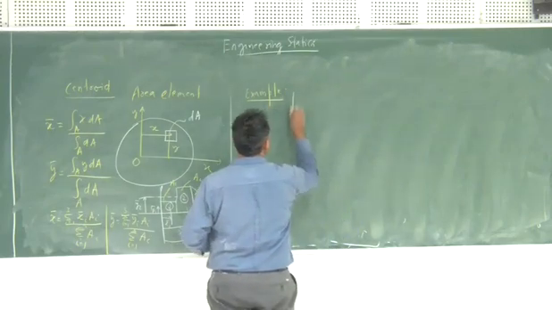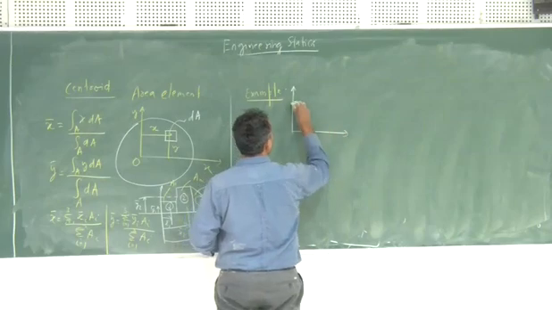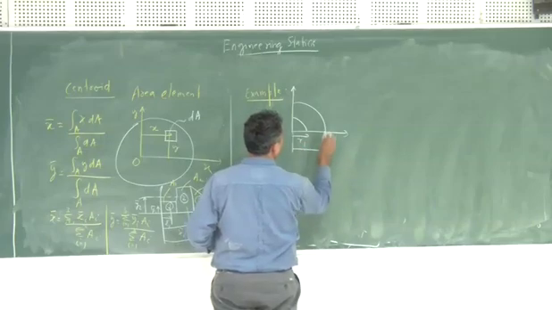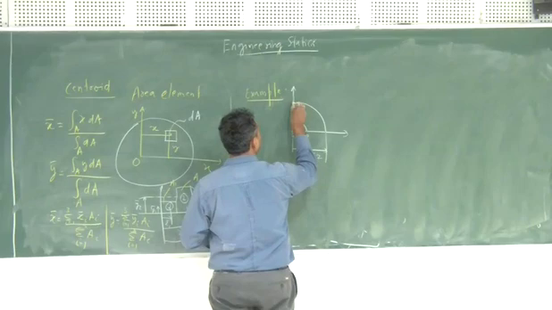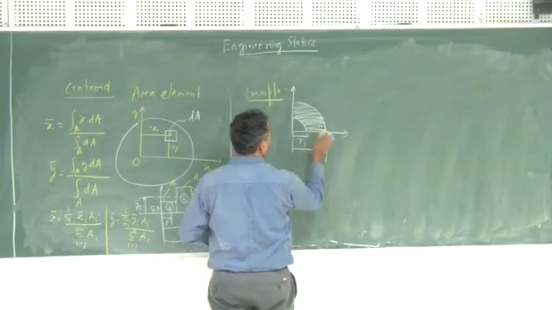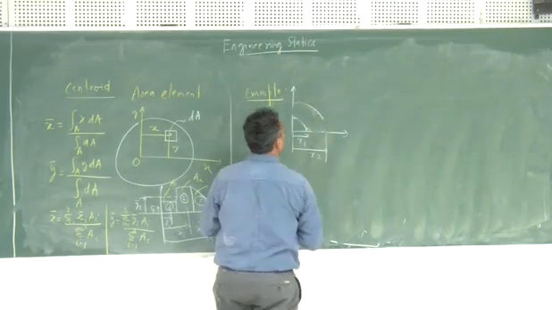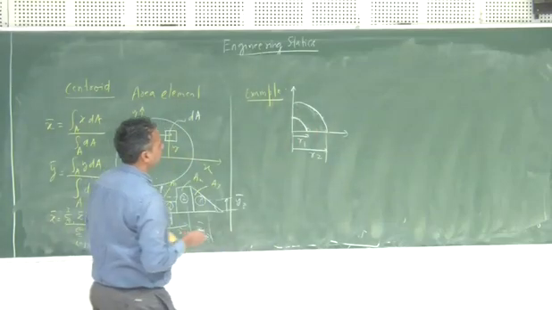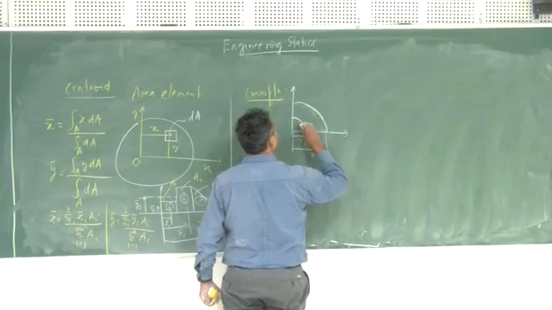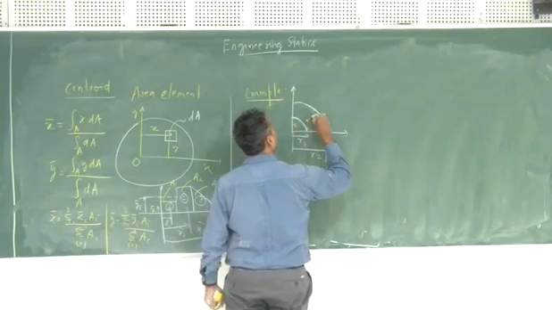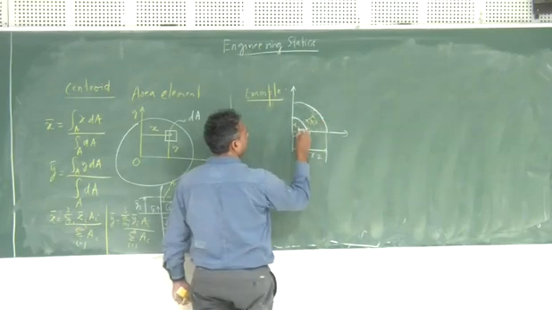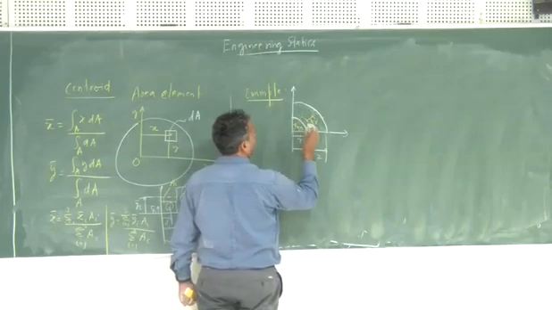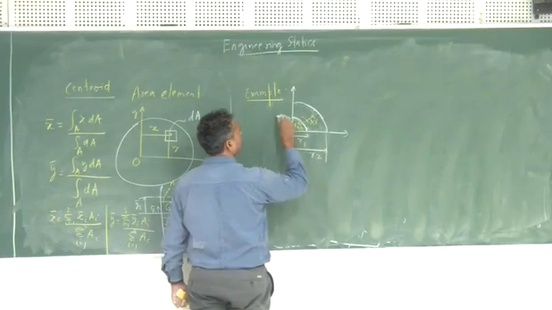So find out the centroid of this, and let us again take a radius r and an angle d theta.